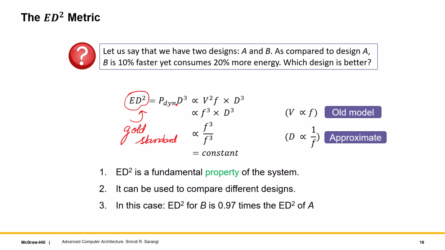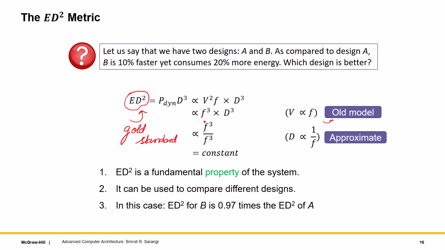So ED square is P into D cubed, where P is proportional to V squared F, and the capacitance is anyway a constant, multiplied with D cubed. Now I assume that the voltage is proportional to frequency, which was the old model. Let's go with that.